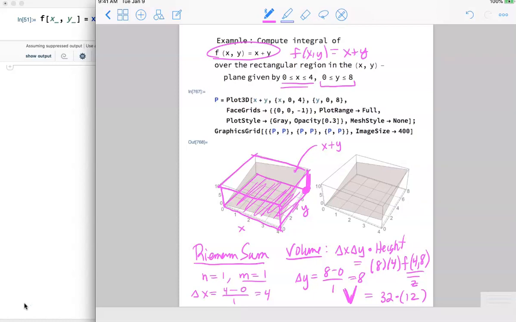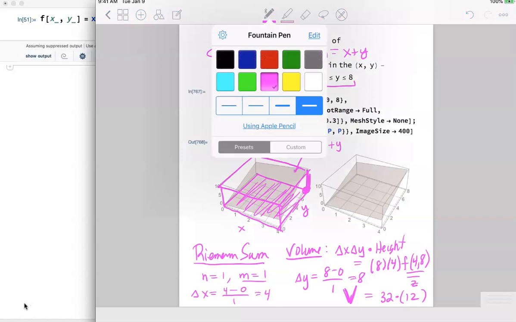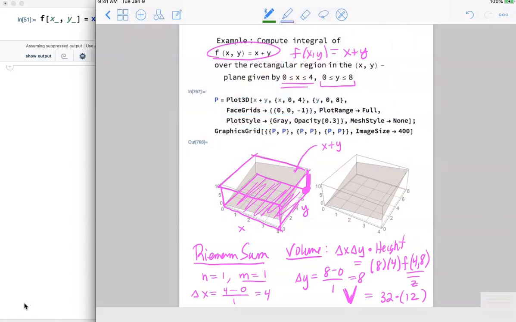Okay, so what we would like to do is maybe try to make more rectangles. So what if n was equal to 2? You would split the x-axis into two rectangles, so you would have from 0 to 2 and 2 to 4. So we would have that.